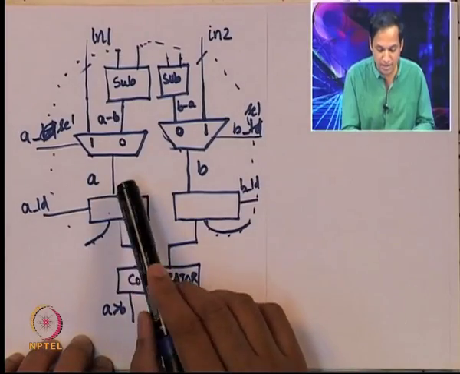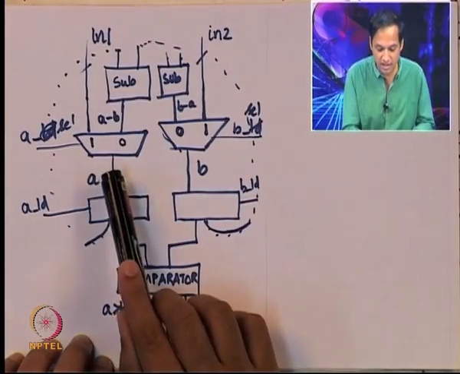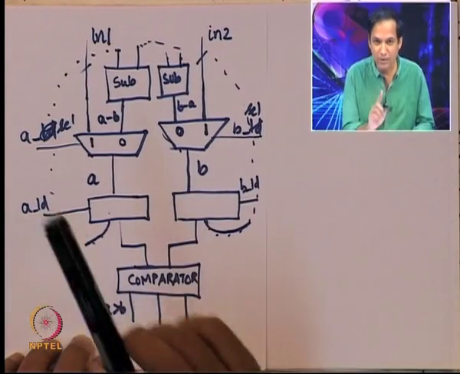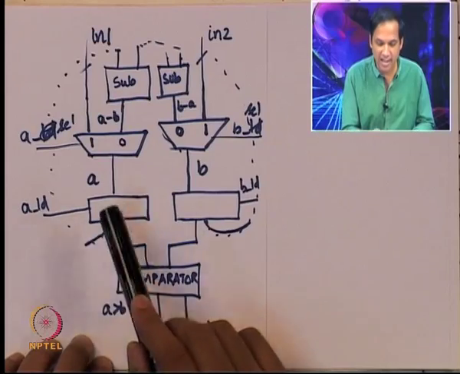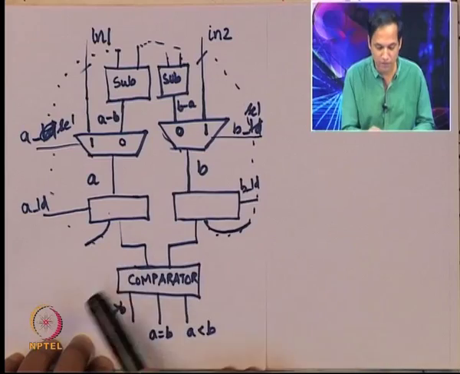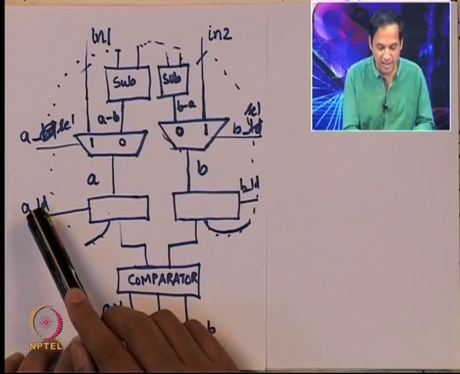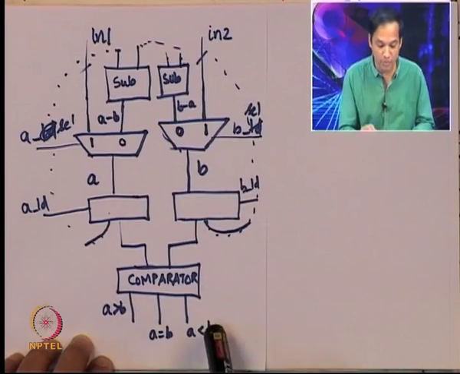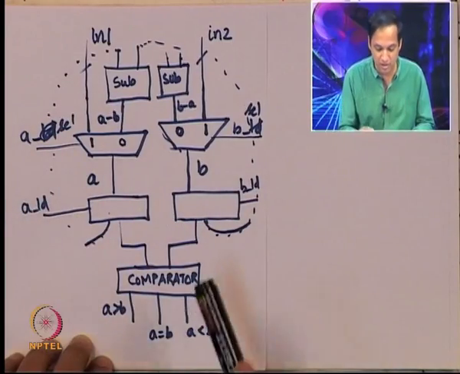Once that happens, the subtractor's output will appear here and here. But remember, according to the algorithm, only one of the values changes: either A gets A minus B or B gets B minus A. Only one of them should change, which means either A load or B load should be 1, both of them cannot be 1. So somehow we need some circuitry to do that.